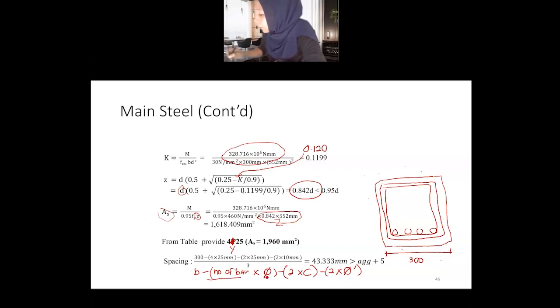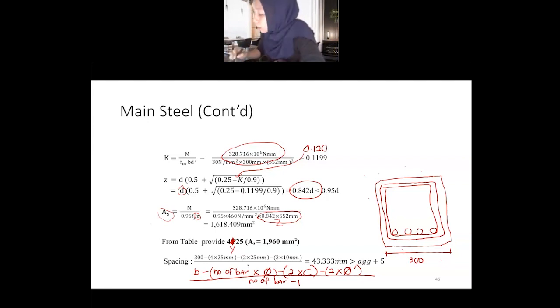Okay. Divide by number of bar minus 1. Okay. Inilah dia formula dia. Okay. Kalau formula ni dia tak ada formula pun sebenarnya, tapi this is how we simplify whatever here lah.